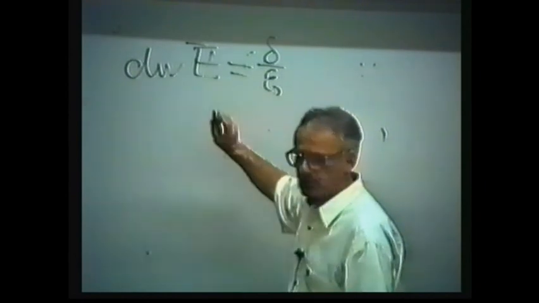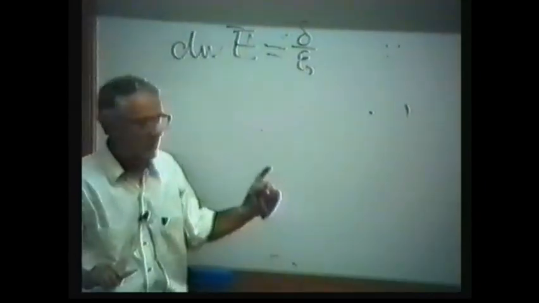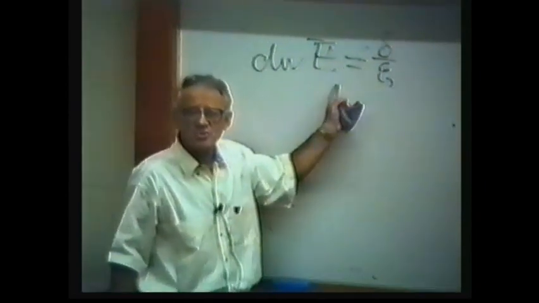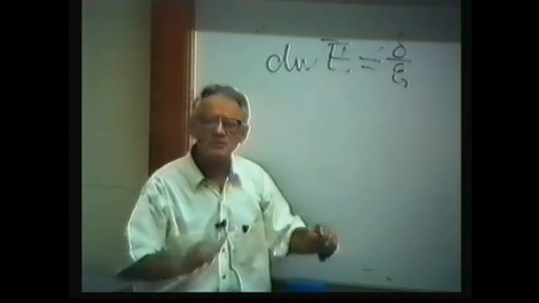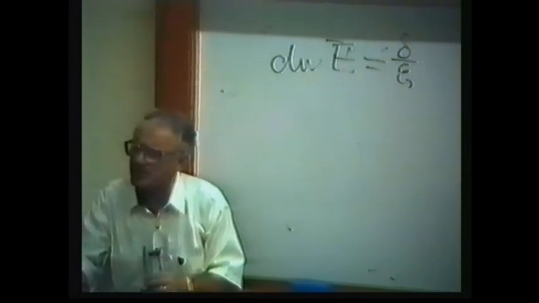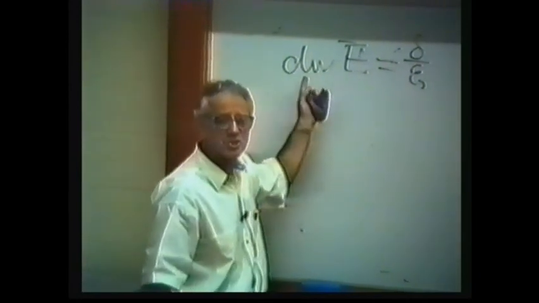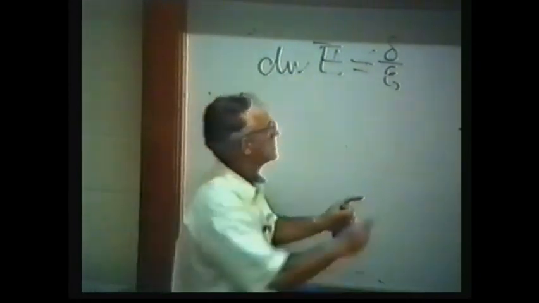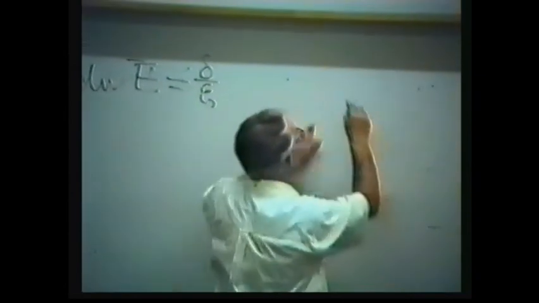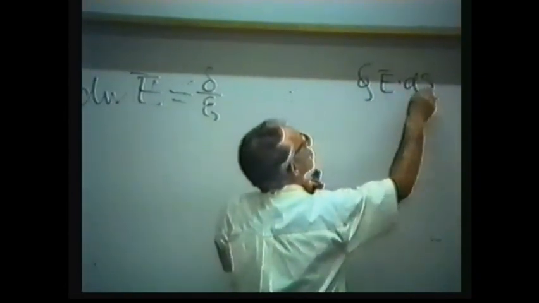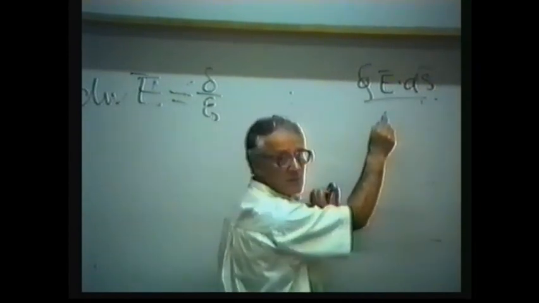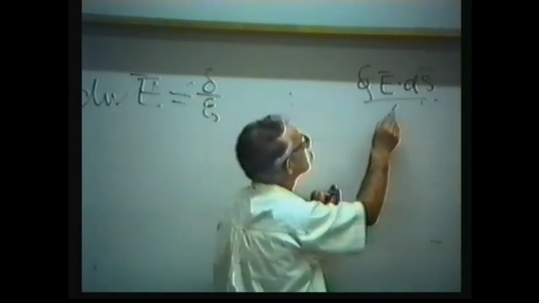Now, in order to accomplish this part, mathematicians, and let us not discuss this question, found a much more convenient expression for divergence instead of the ratio. You remember? Divergence by definition is flux of the electrical field through a closed surface divided by volume.